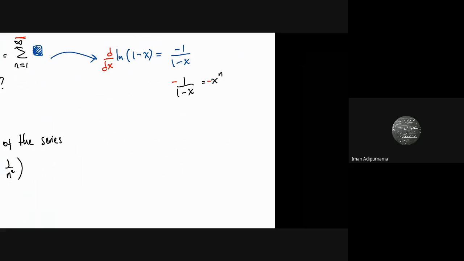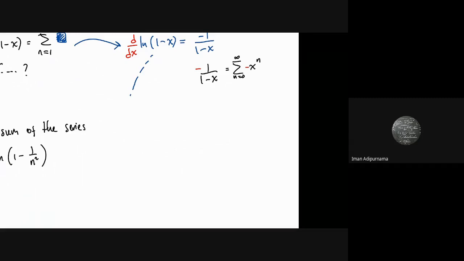Oh, sorry, I forgot to write the sum. Okay. Now here, let's make it negative, 1 over 1 minus x, and then equal. Let's use k, not n, to distinguish from the other one. This is x to the k, and this is minus there.